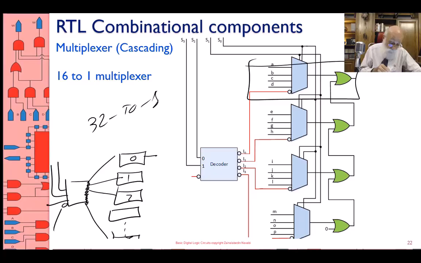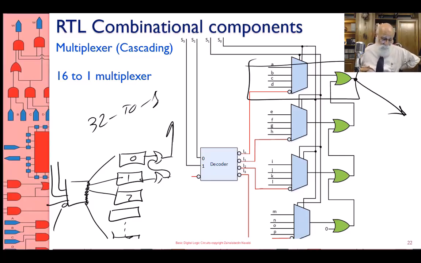And then the outputs, each one of them has an OR gate, cascaded like this, and therefore my final output will be coming out from this point here.